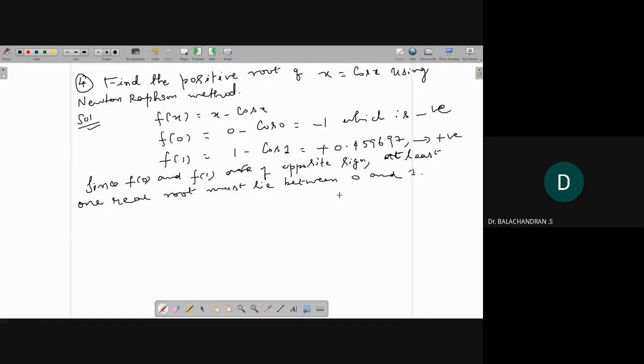Okay. So now let us take the initial approximate value, the average of 0 and 1.